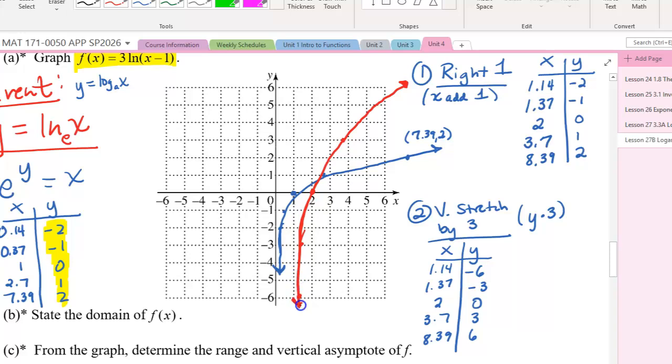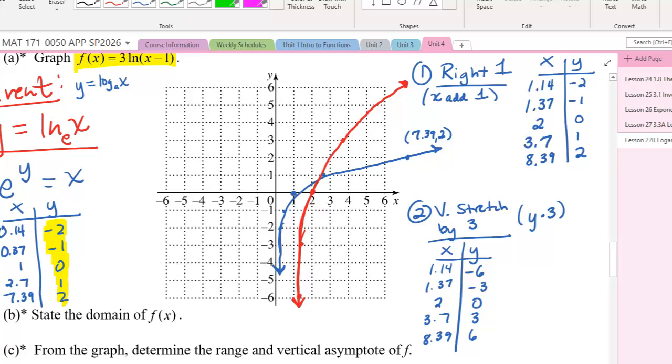So hopefully if you compare the blue function to the red function, you see that it's been shifted right 1. The x-intercept moved from 1, 0 to 2, 0. And it's been stretched, so these points have been stretched down. So this point is now down here, this point's down here, this point's now way up here, and this point is way up here.